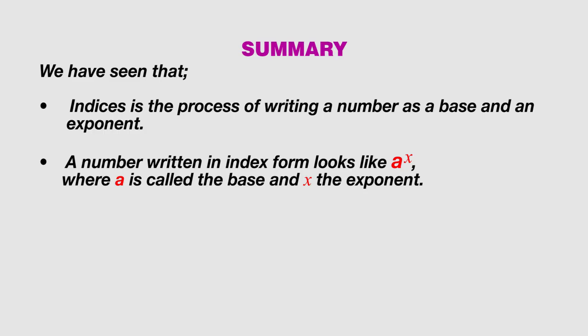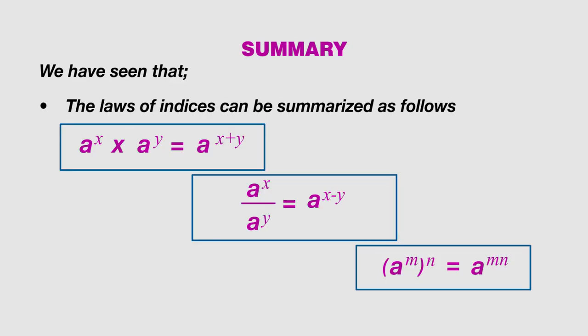Again, we saw that the laws of indices can be summarized as follows. a to the power x times a to the power y is equal to a to the power x plus y. And a to the power x divided by a to the power y is equal to a to the power x minus y. Then a to the power m all raised to the power n is equal to a to the power mn.